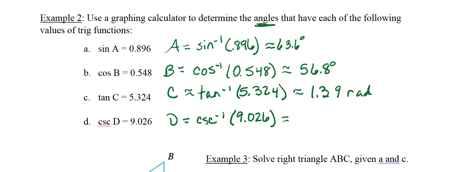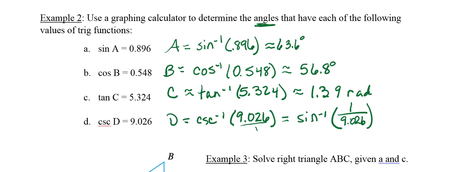It is the reciprocal of sine, so you would end up doing sine to find your angle, and then because it's the reciprocal, when you plug it in, you have to flip this over, and there's an invisible 1 there, so flip that over and it'd be 1 divided by 9.026. So if you have cosecant, do the one on the left. If you don't, do the sine or the one on the right.